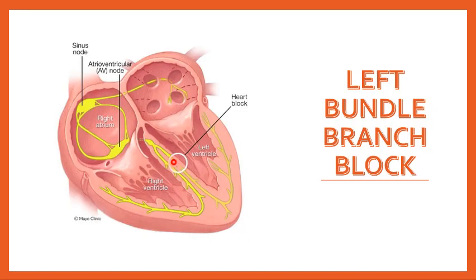So what we see with a left bundle branch block is that impulses can't make it down the left bundle. The septum doesn't even get depolarized normally. Impulses head down the right bundle only. Right side of the heart gets depolarized, and then impulses are all sent left.